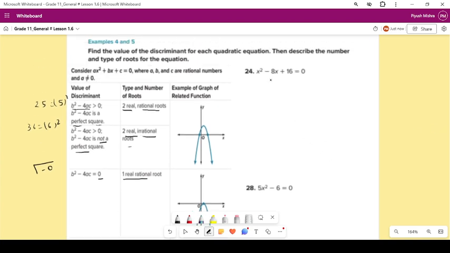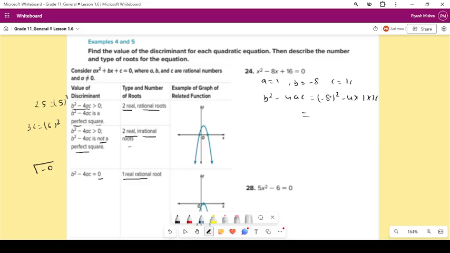So let's start here. Here a is equal to 1, b is equal to minus 8 and c is equal to 16. Okay, so I will be using b square minus 4ac. Put the values. b is minus 8 whole square minus 4 into a is 1 and c is 16.